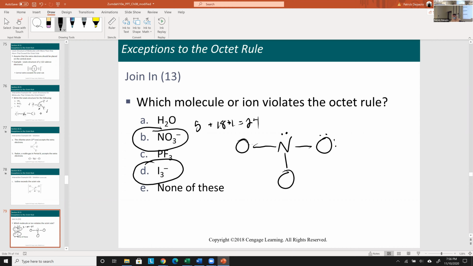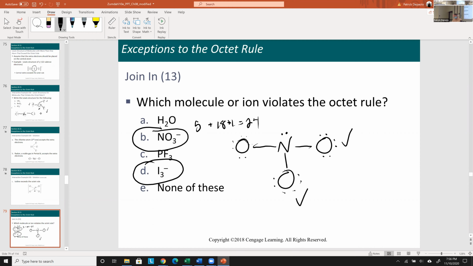The nitrogen here I put 2 to give it the octet. So that's the only way for this nitrogen to have the octet, if it has these lone pairs. So that nitrogen is good. So that's going to be 8. Then if we put 9, 10, 11, 12, 13, 14, good. Oxygen's good. 15, 16, 17, 18, 19, 20. Oxygen's good. 21, 22, 23, 24, 25, 26.